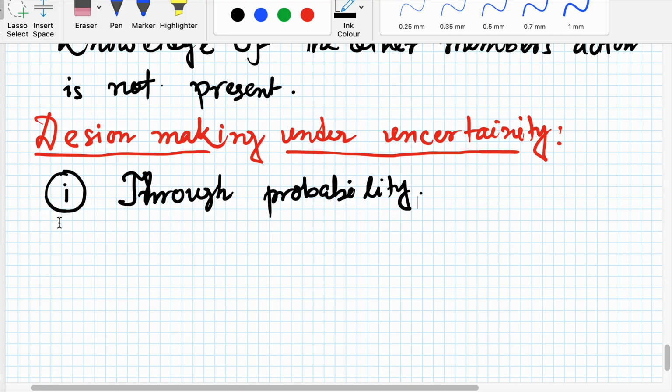If I can associate some VNM utility, some number, with each action, and I know the probabilities and the utility, then I just maximize the utility, and that individual will choose the action which maximizes his or her utility.